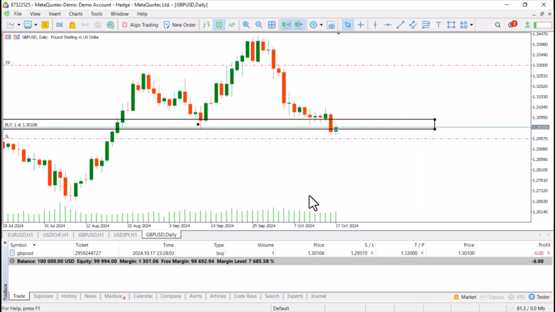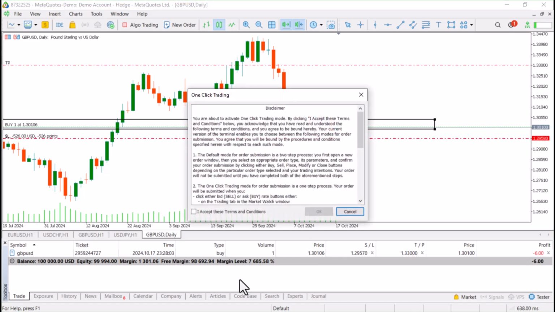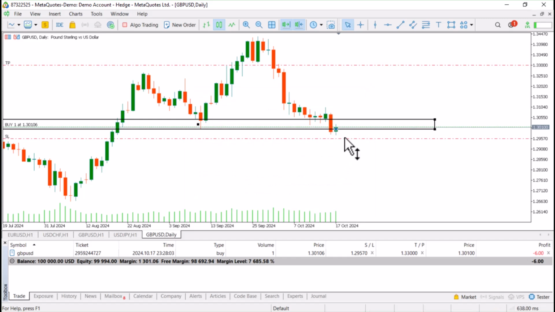That's our first time executing a trade. Let's see this. What are you seeing on the screen right there? Minus $536. Okay.